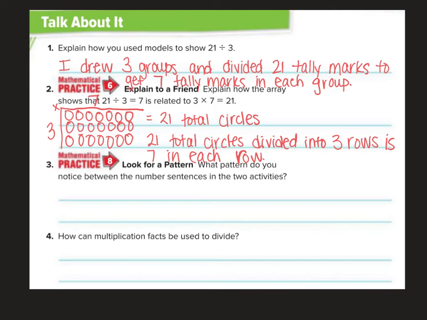What pattern do you notice between the number sentences in the two activities? They use the same 3 numbers. They do, right? Because we've got 21, 3, and 7, and 3, 7, 21. They're just in different orders. How can multiplication facts be used to divide?